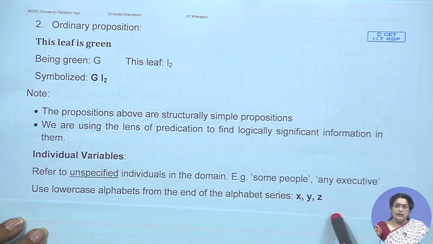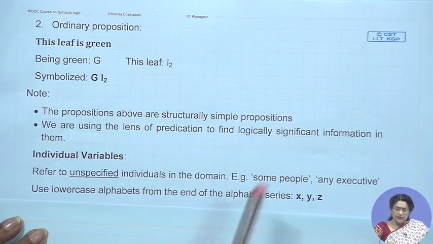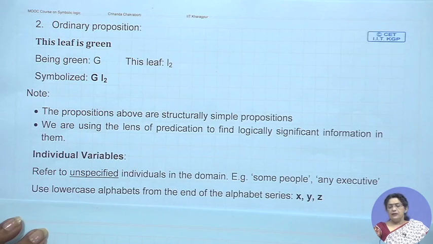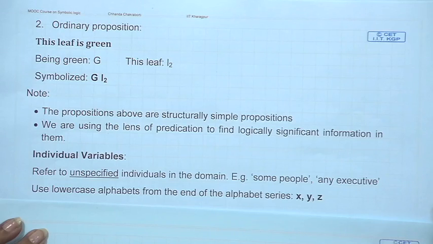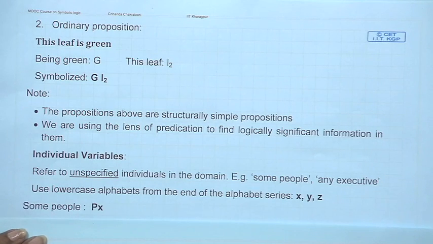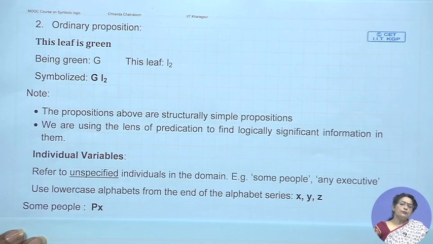When you are using individual variables in this logic, remember, use lowercase alphabets from the end of the alphabet series: x, y, z, u, v, and so on. I will show you enough examples of when and how to use variables.